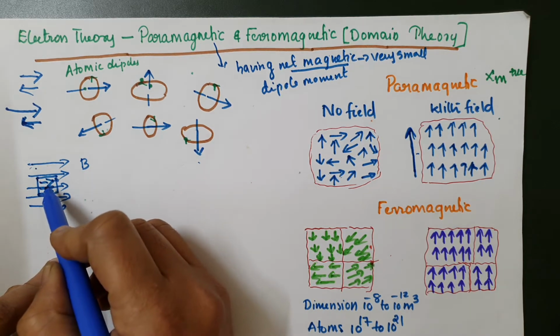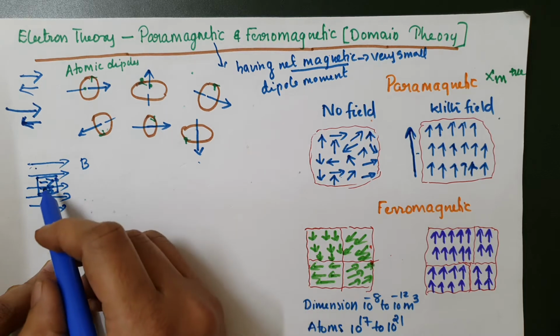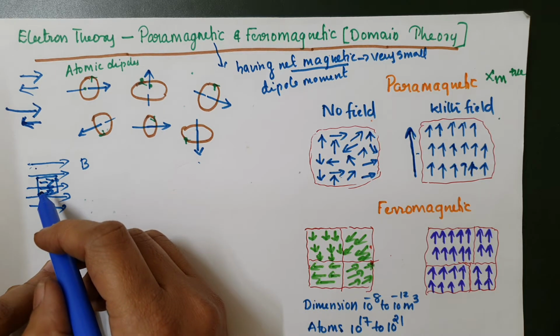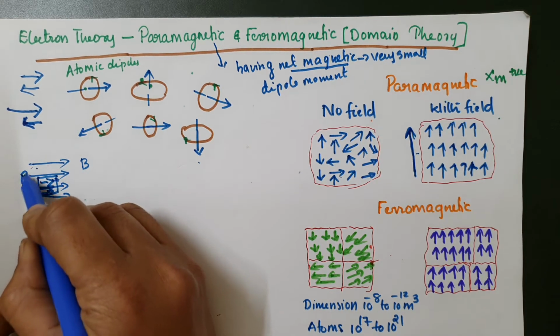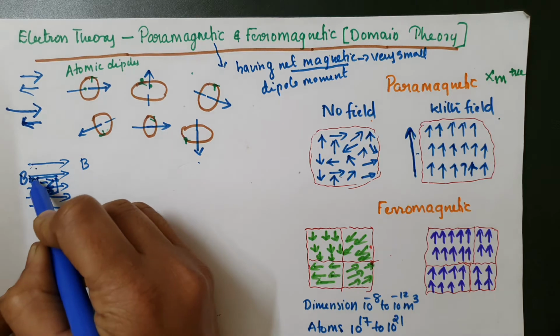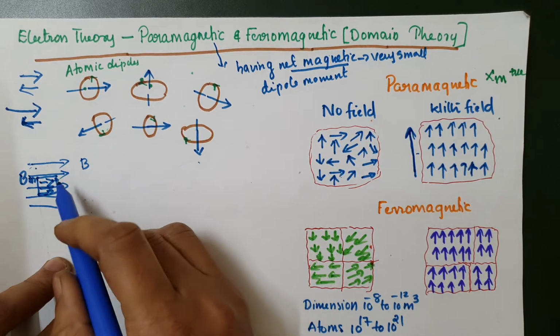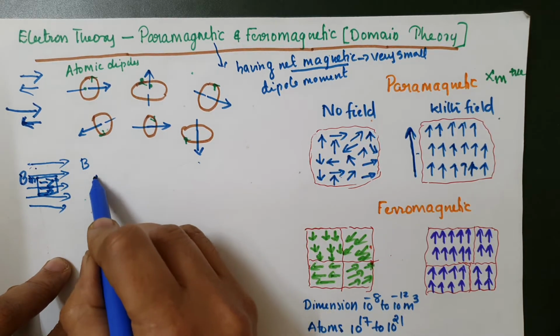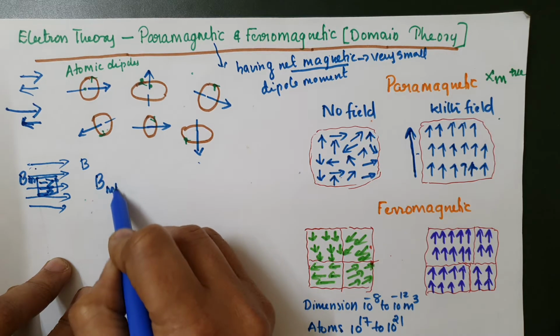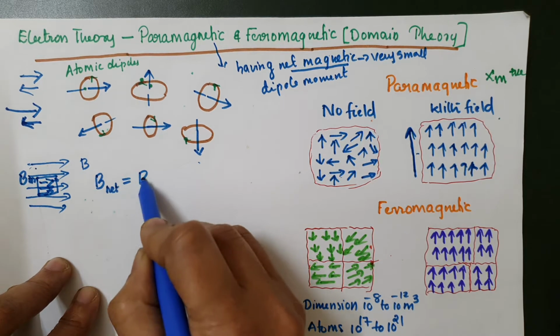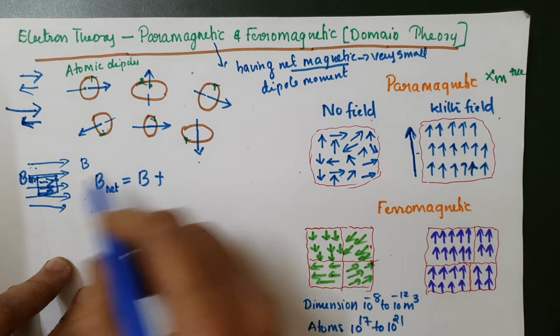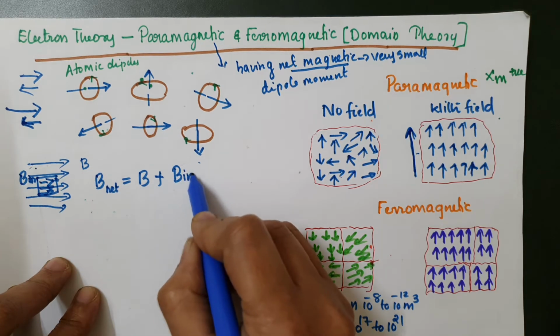Because of this alignment of magnetic moments, magnetization takes place, and a magnetic field is created internally. This field can be represented as B induced. Hence the net magnetic field will be B net equals the external field B plus B induced, both in the same direction.